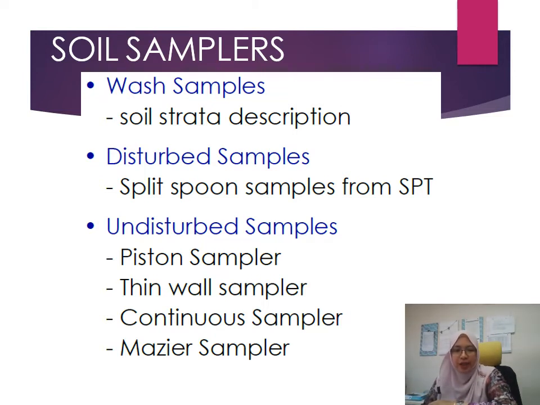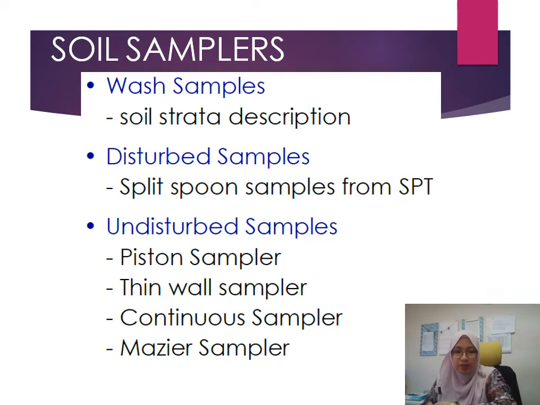Next is undisturbed sample. For undisturbed sample, we have various types of sampler. The first one is the piston sampler, and then we can also use the thin wall sampler, continuous sampler, and Messier sampler. Disturbed and undisturbed samples I explained in the previous slide.